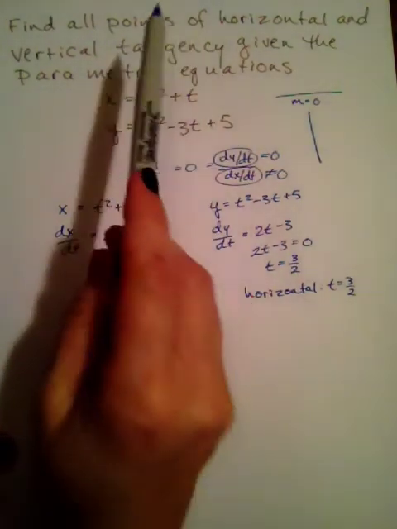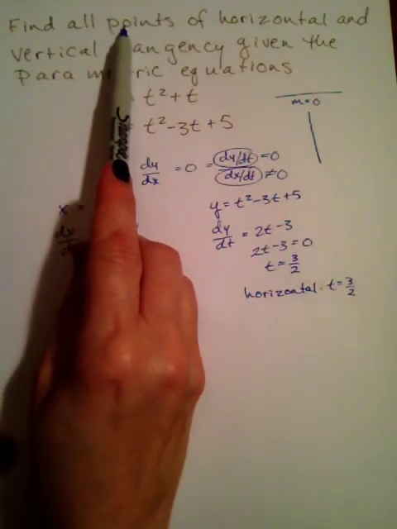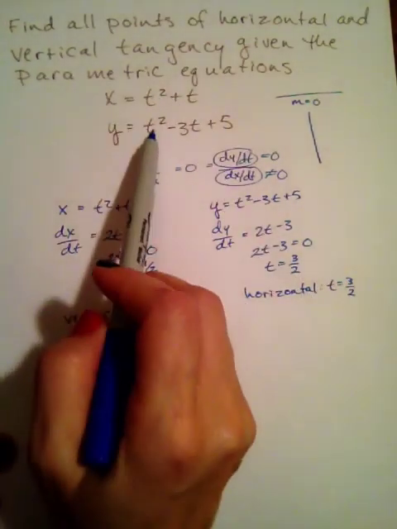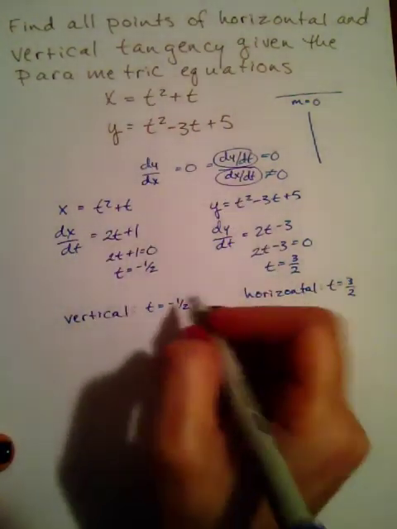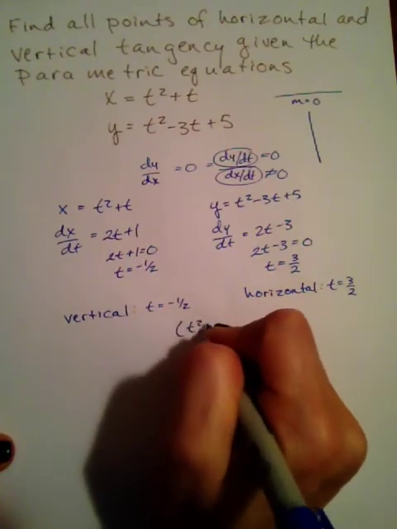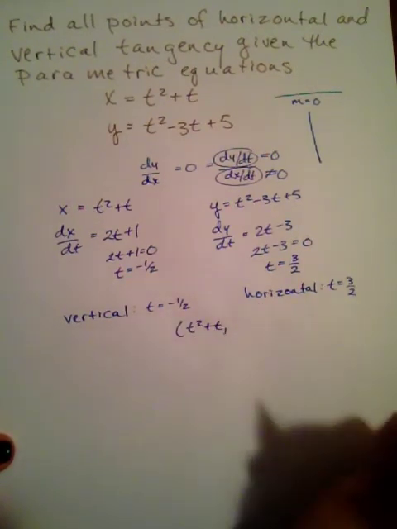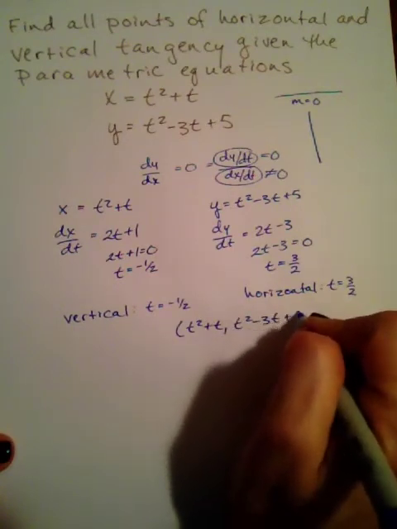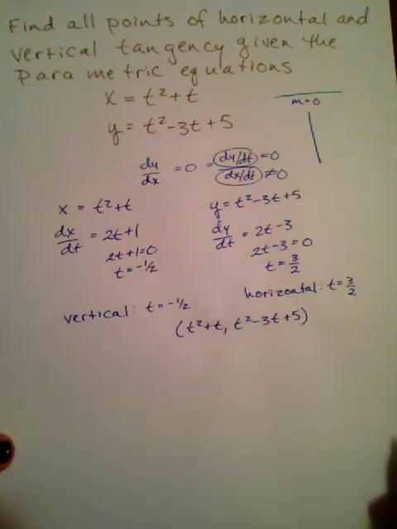So the question actually asks for you to find all points of horizontal and vertical tangency. So our points are going to be in xy form. So for both of these t values, the point we'll be looking for is t squared plus t, our x, comma, t squared minus 3t plus 5, our y value.